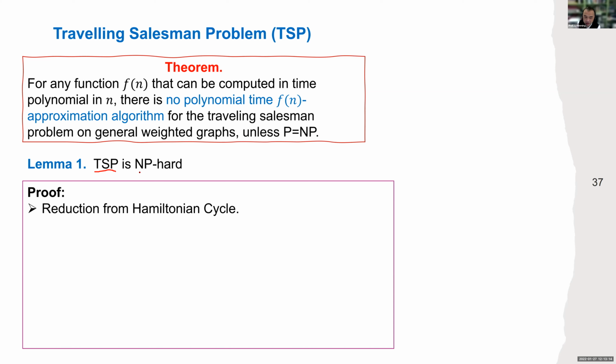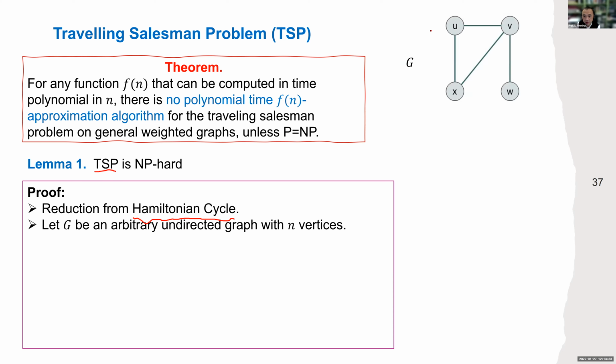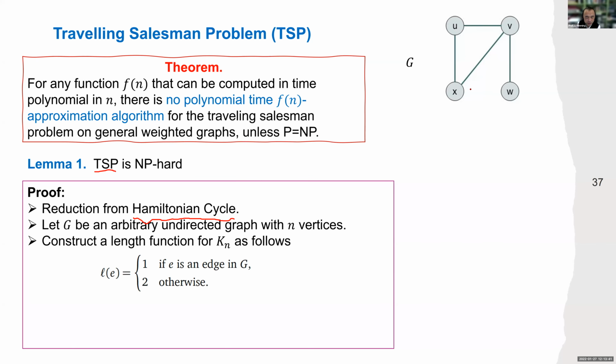Here is one exercise, and we'll go through it. We'll reduce from the Hamiltonian cycle problem. If I give you a graph G, which is an arbitrary undirected graph with n vertices like this, I will construct a length function on this graph.